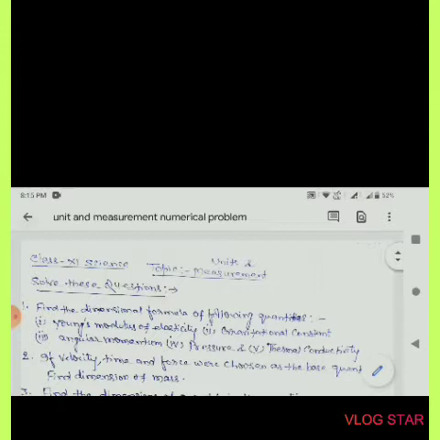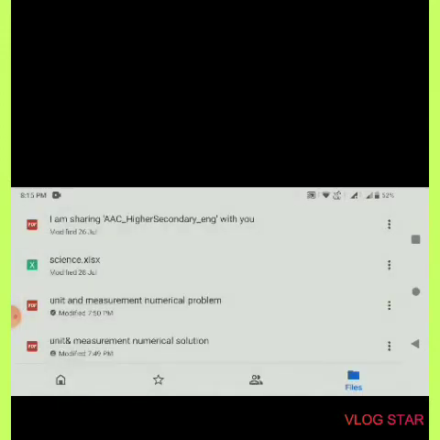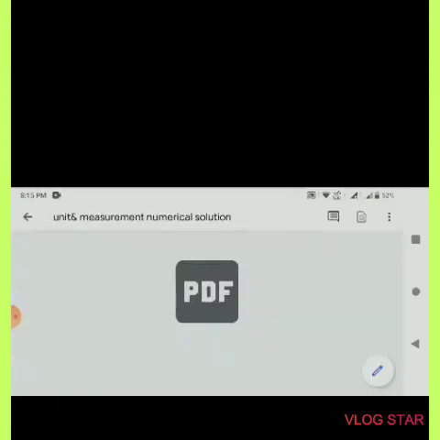Establish a relation among these physical quantities using dimensional equations. Now how can we solve this one? See here, what is given in the question is that the time period of a simple pendulum depends upon L, M and small g: length, mass and acceleration due to gravity.